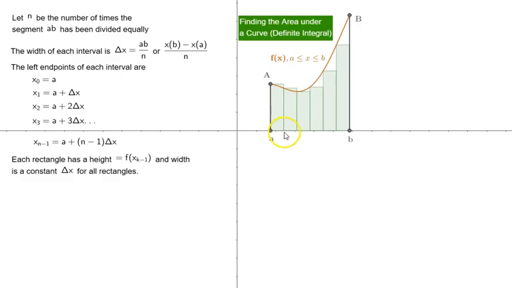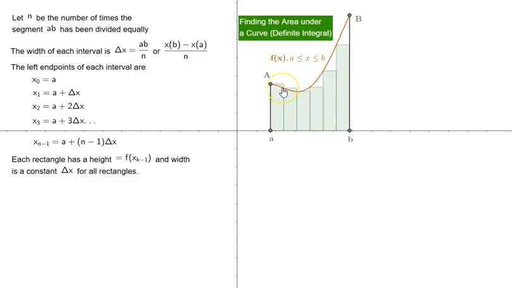Now for this point, we want the intersection of the rectangle with the curve. So each rectangle has a height f of x sub k minus 1 and a width of a constant delta x for all rectangles. So this is f of x sub 0.